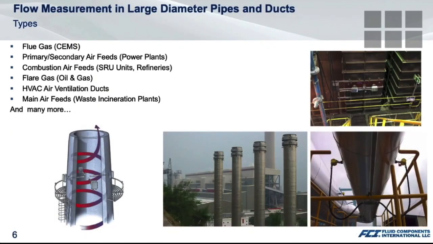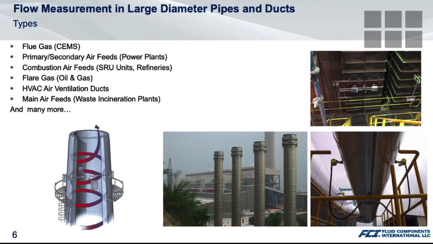Now let's take a look at typical applications that have large diameter pipes and ducts. One is flue gas, which is continuous emissions monitoring systems. This can be in a horizontal duct or it can be in the stack itself. And primary, secondary air feeds, the hot and cold ambient air feeds for coal-fired power plants.